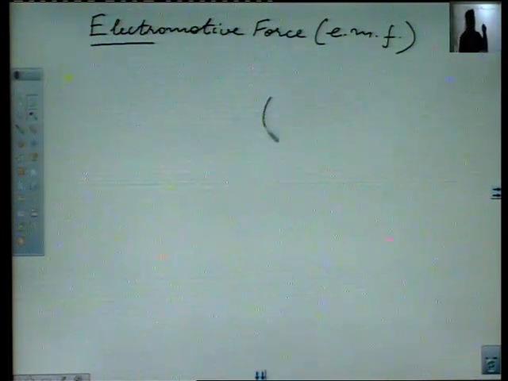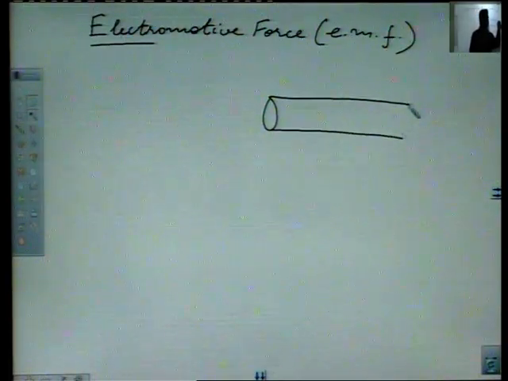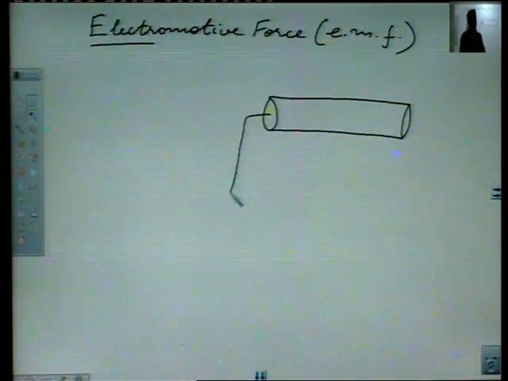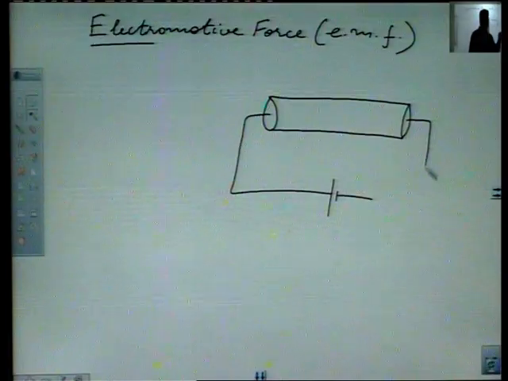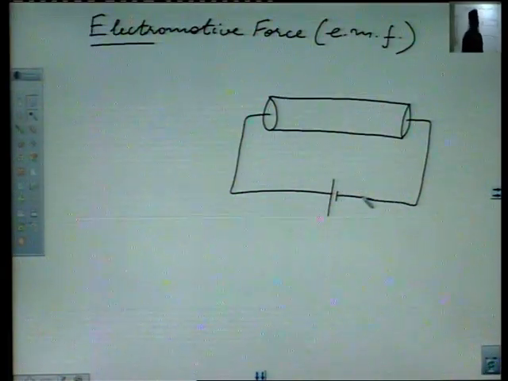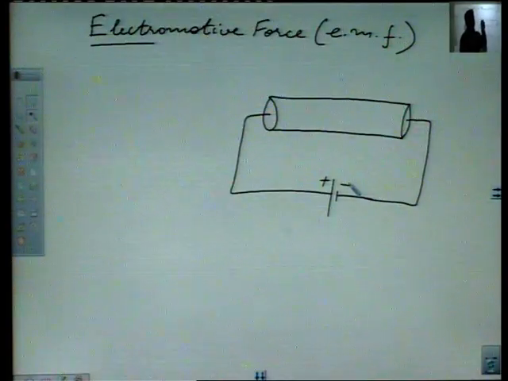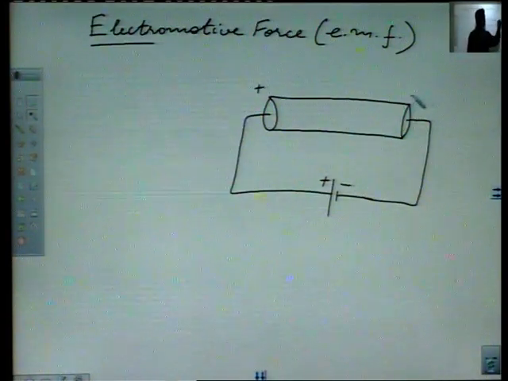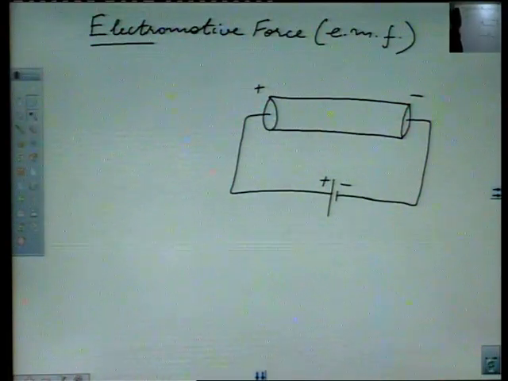Now, let us consider a conductor. And a cell is connected to this conductor. This cell will maintain a potential difference across the ends of this conductor, and as a result of this potential difference, the charge will flow through this conductor.